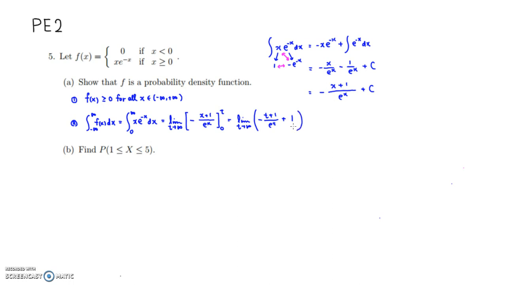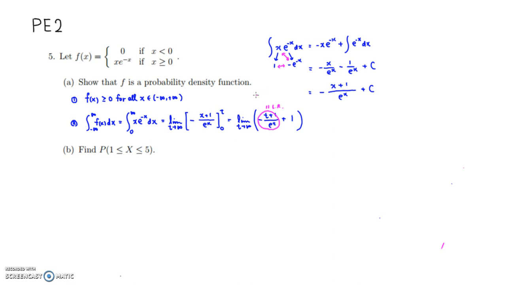Then we want to take the limit, but you can see that the denominator goes to infinity and the numerator also goes to infinity. So I'm going to use L'Hopital's rule. I'll take the derivative of the bottom and the top.